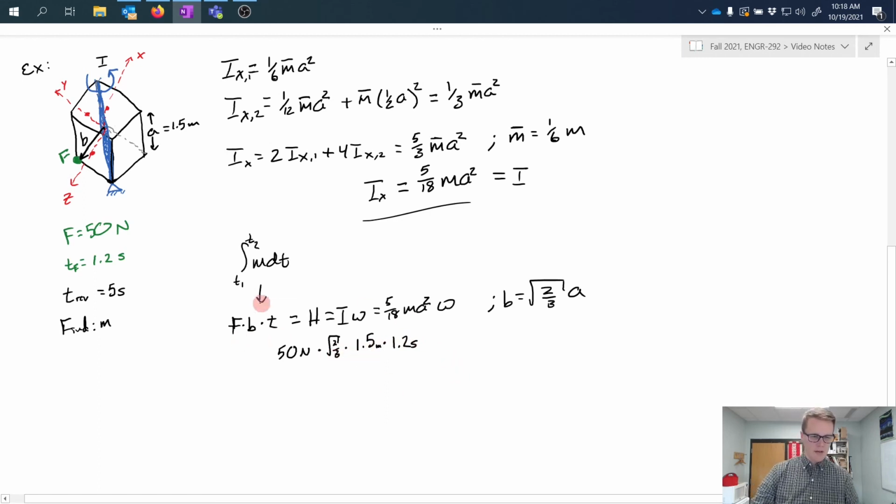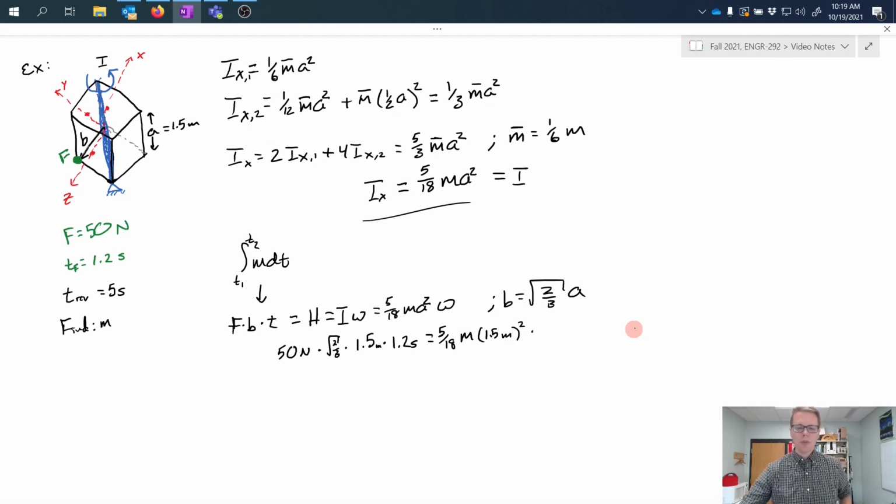All right, so I've got everything on the left-hand side of my equation here. Now I need to set this equal to the right-hand side. 5 over 18 m is what we're solving for. a is 1.5. And omega is related to how fast the cube ends up spinning as a result.